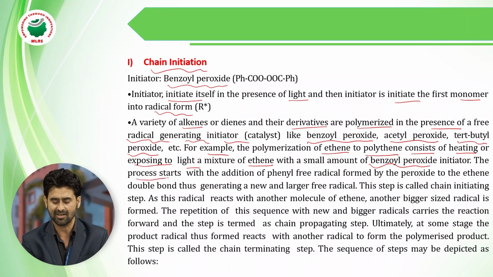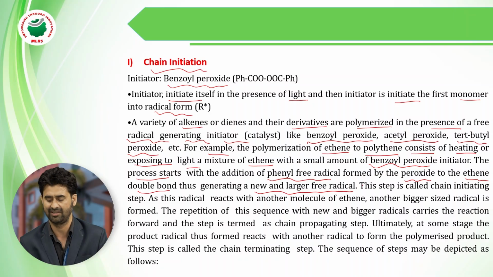The process starts with the addition of phenyl free radical formed by the peroxide to the ethene double bond, thus generating new and large free radicals. This step is called the chain initiating step.